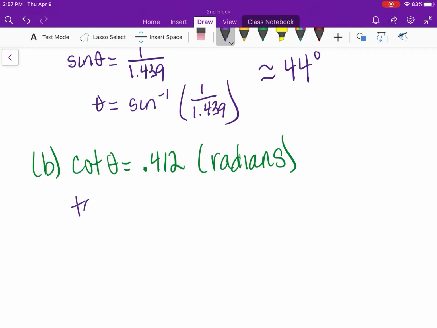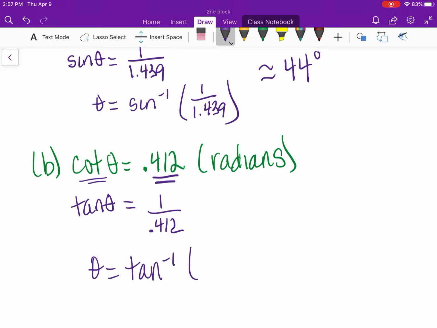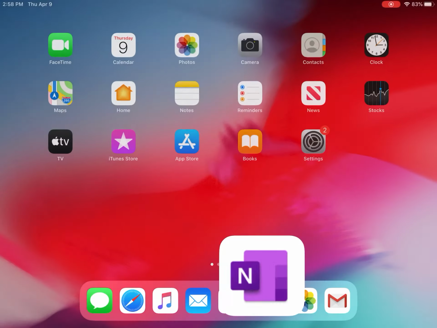So cotangent goes with tangent. And so since I took the reciprocal of this side, I take the reciprocal of this side. So that's going to be 1 over 0.412. So now when I put it in my calculator to find theta, I do the inverse tangent. And that's what I'll type into my calculator.